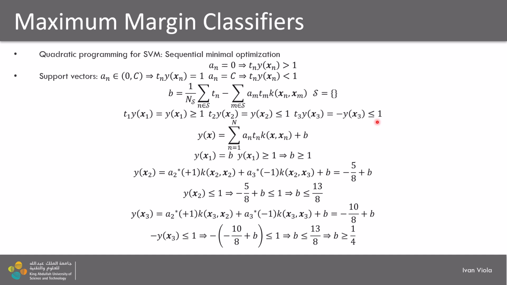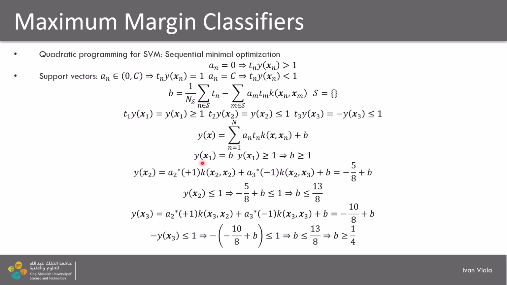And now we have the following formula for our y(x) here, where the b is present, and for each of our 3 points, we can express what the b needs to be so that this formula is satisfied correctly.